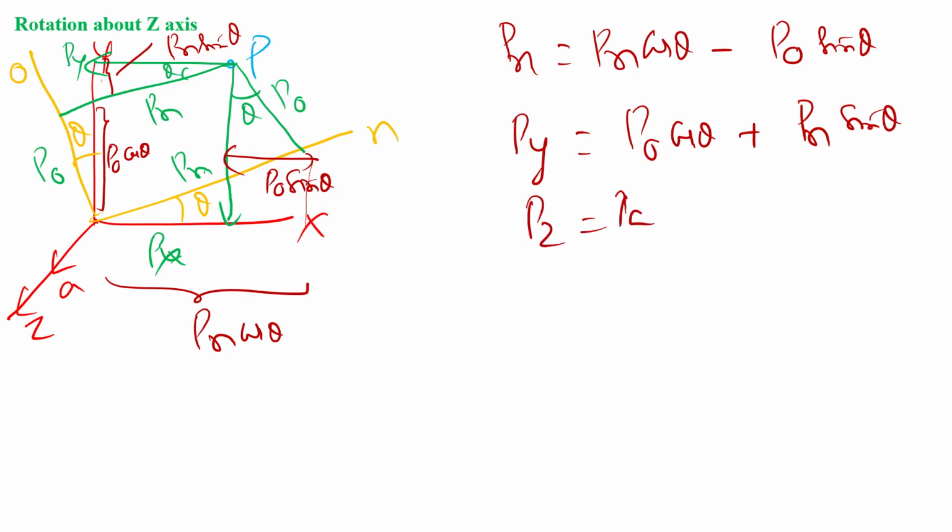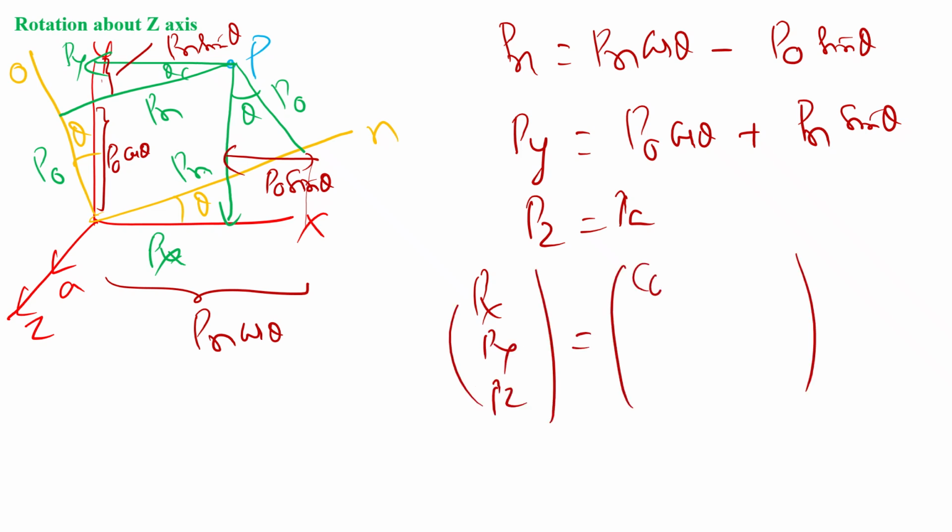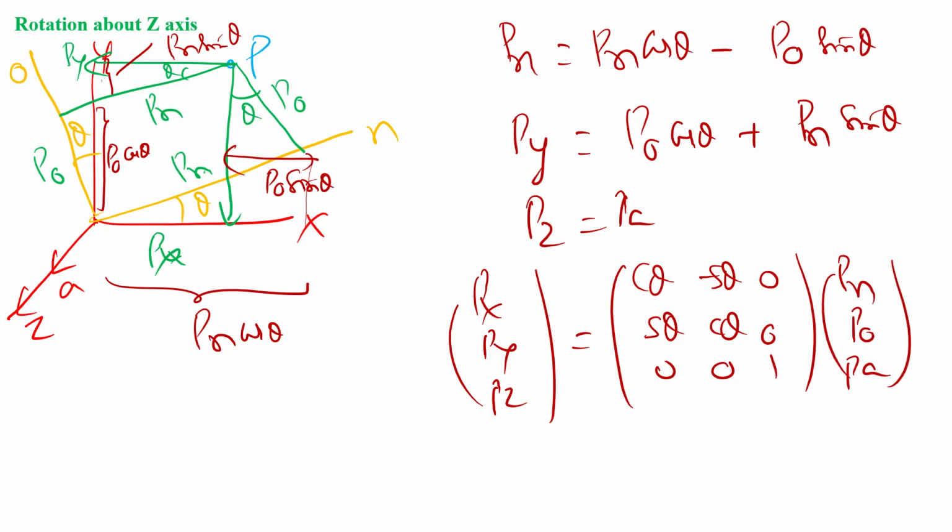So let's do the matrix: Px, Py, Pz equals cos theta, minus sin theta, 0, sin theta, cos theta, 0, 0, 0, 1. Let's put Pn, Po, and Pa. So let's cross check. Px equals Pn cos theta.